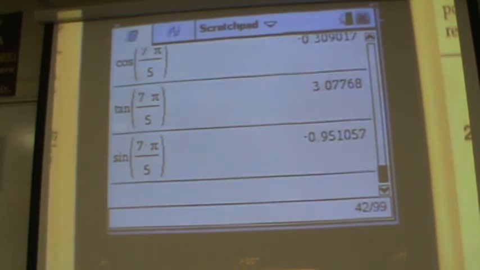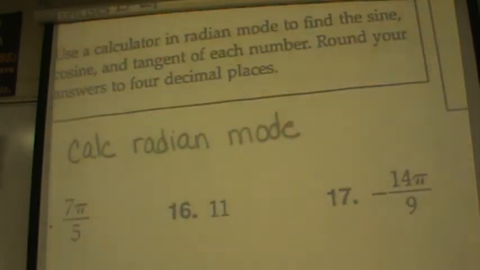It's negative 0.95. Usually you go to 4 decimal places. I'll take 2 for now to make this go quicker. So the sine of 7 pi over 5 is negative 0.95.